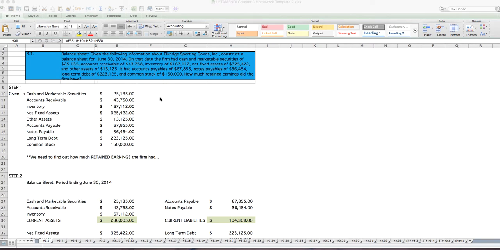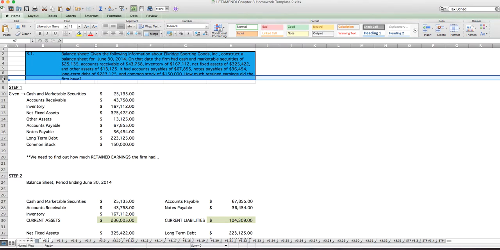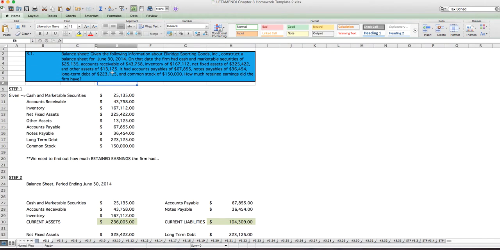Okay, so now let's start with question 3.1, and it reads, given the following information about Elk Ridge Sporting Goods, Inc., construct a balance sheet for June 30th, 2014. On that date, the firm had cash and marketable securities of 25,135, accounts receivable of 43,758, inventory of 167,112, net fixed assets of 325,422, and other assets of $13,125.